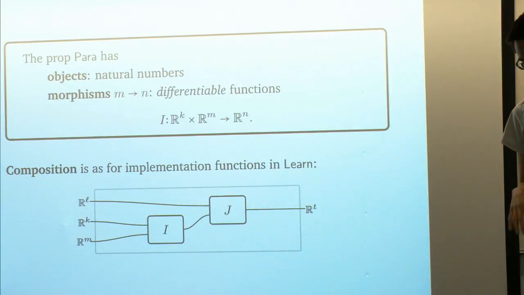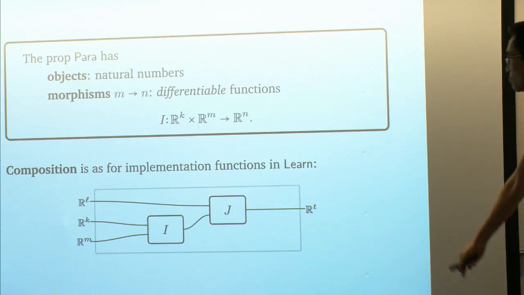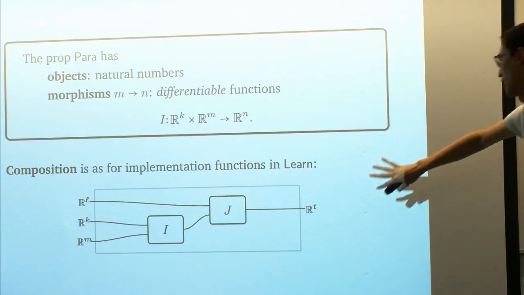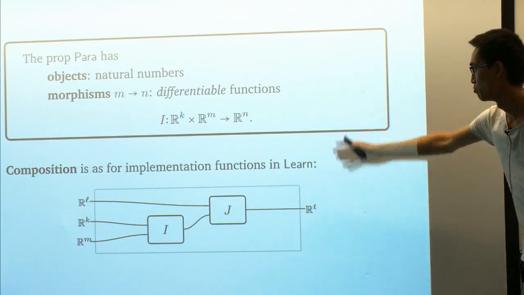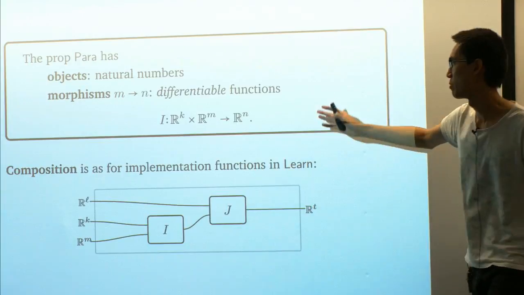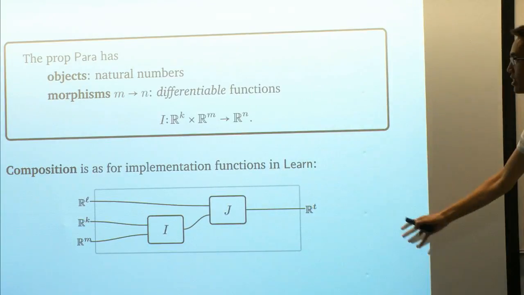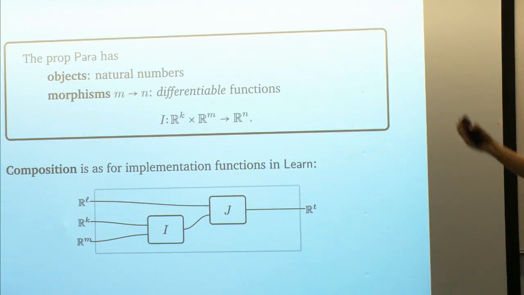So we'll see that this differentiability is quite important and is a conceptual advance in the theory of machine learning, although from the 60s or so, I think. But as we saw for the category Learn, this sort of parametrized function has a natural notion of composition. And so this here is a very simple symmetric monoidal category.